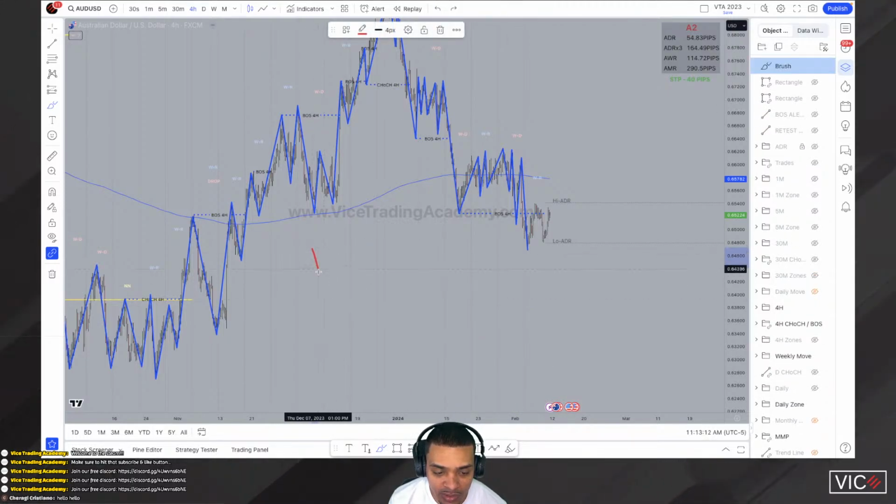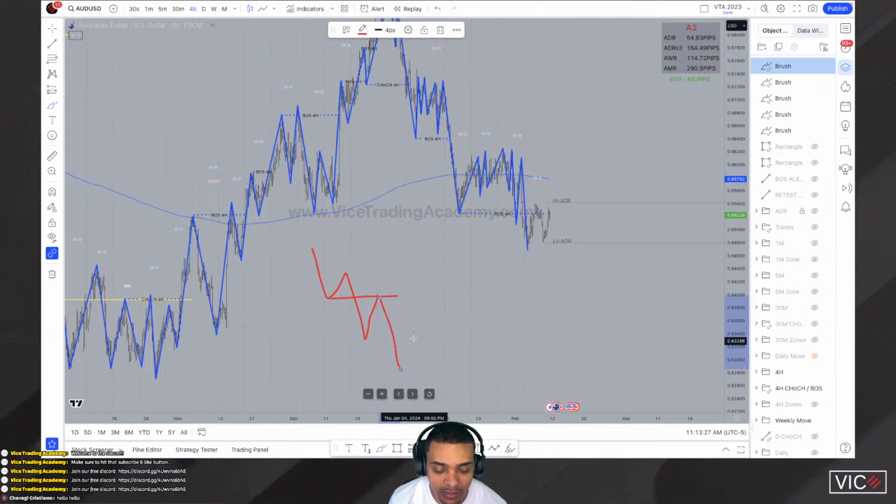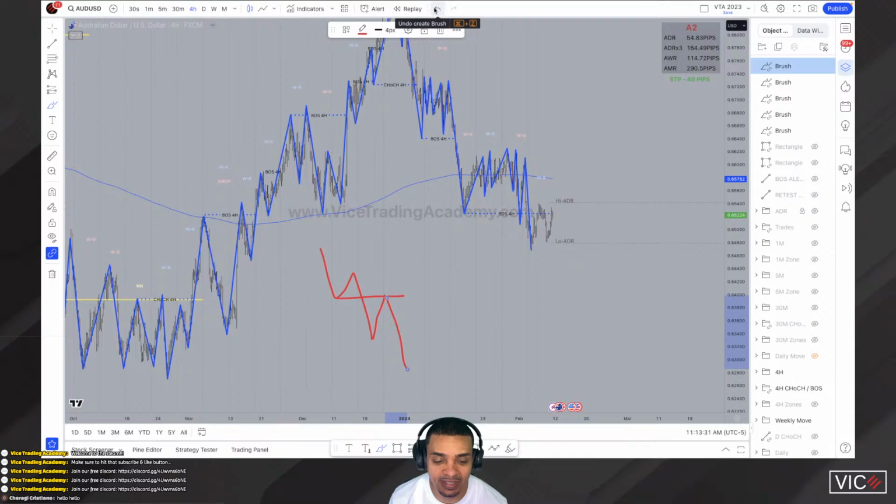So this could be type 1, where price will pull back, touch, and continue, right? This is one way that it could happen. There are variations to this. This is the textbook way that you learn in every textbook, right?